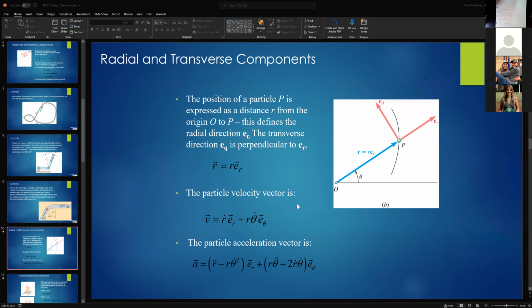It's the second derivative of r minus r times the derivative of theta squared times its unit vector, plus r theta double dot plus r dot theta dot.